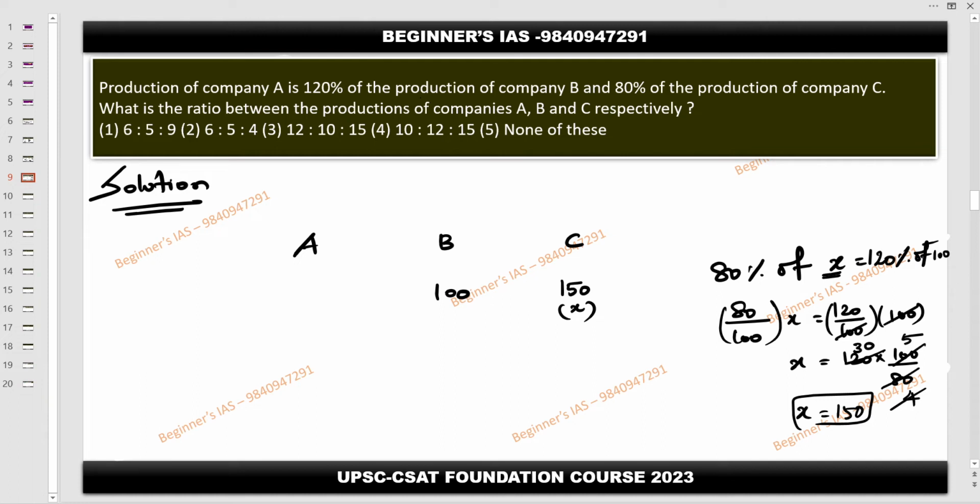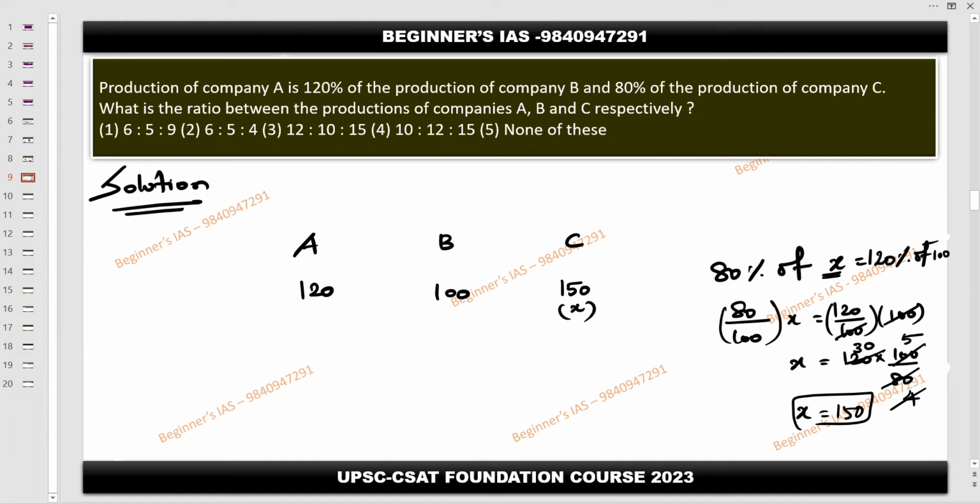Understood everyone? So now the C is 150. Then what would be the A? 120. Good.